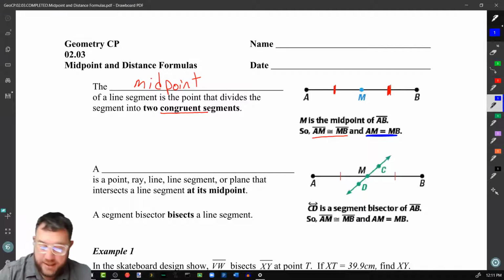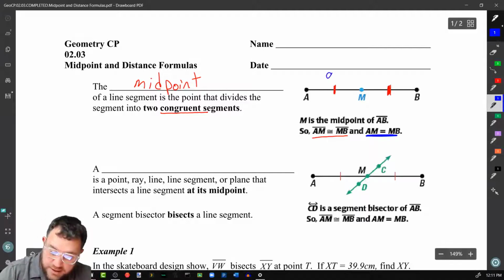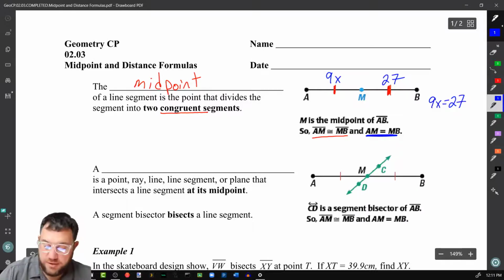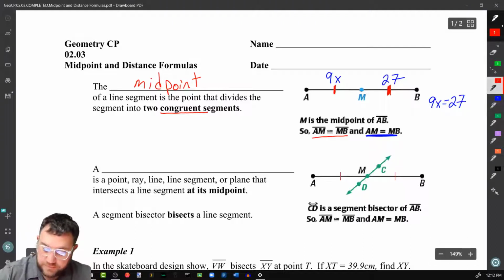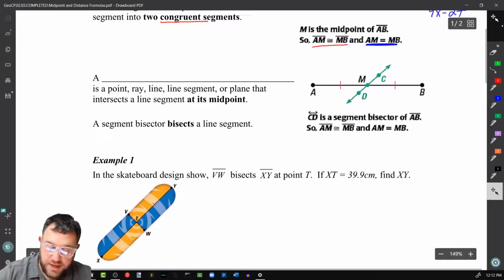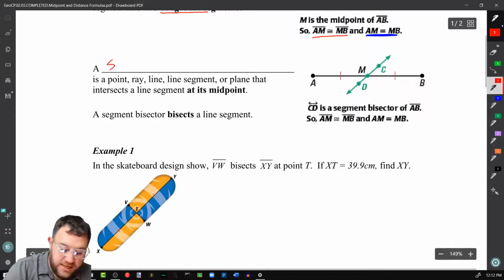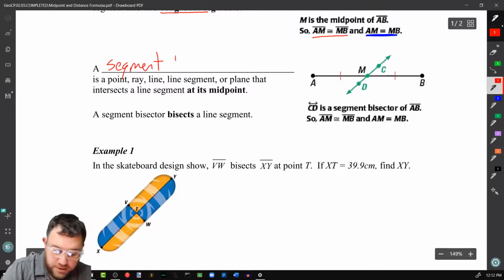So if we had, let's say, this was 9x and this was 27, we could set them equal to each other, and we will do that here in a few moments and solve for x. So that's midpoint.